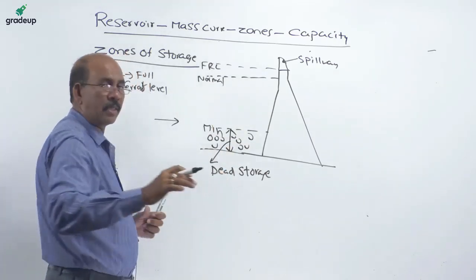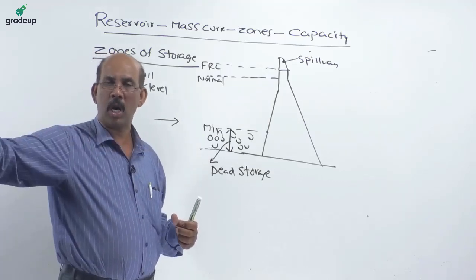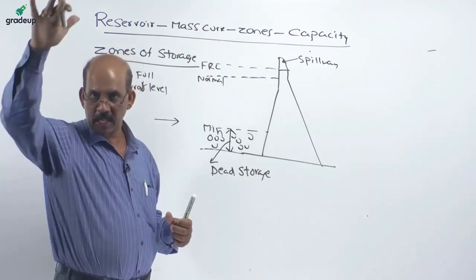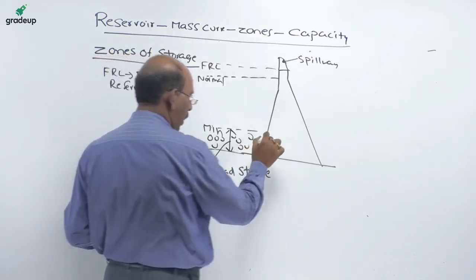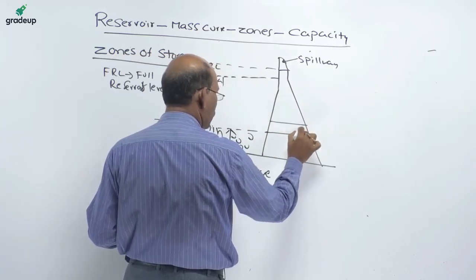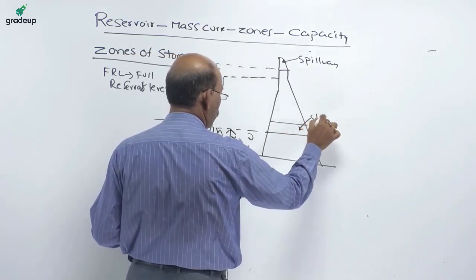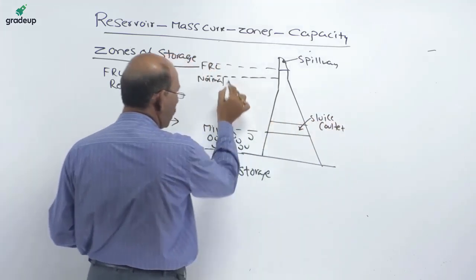The dead storage means all sediment particles should not go out of the dam and should settle down. Whenever you are taking the sluice level, this is the sluice, an outlet, the water should go.